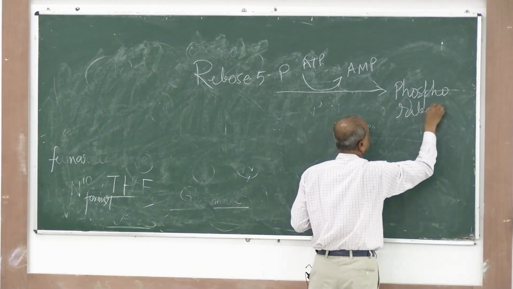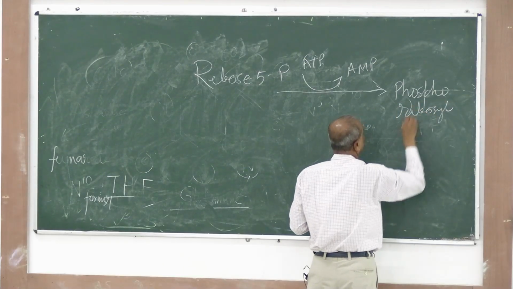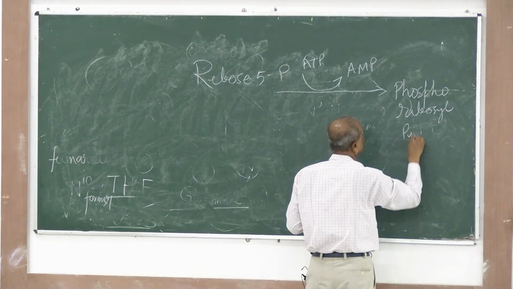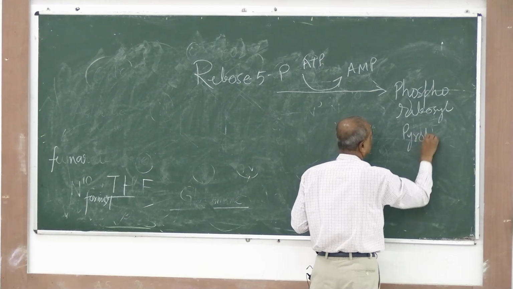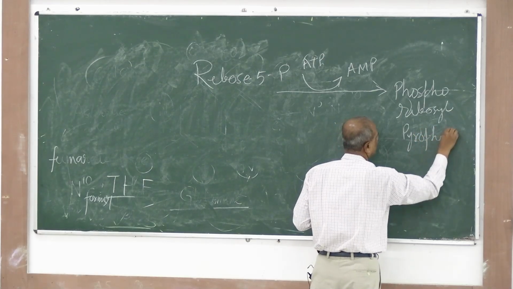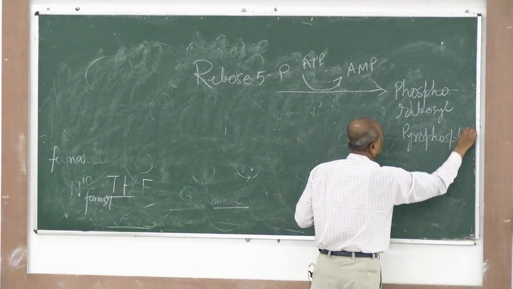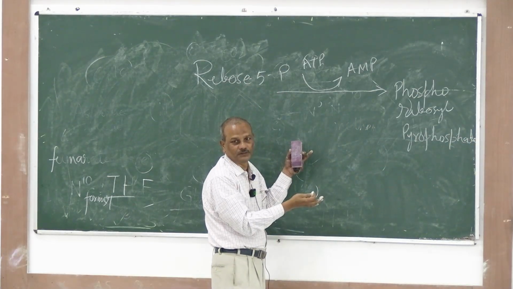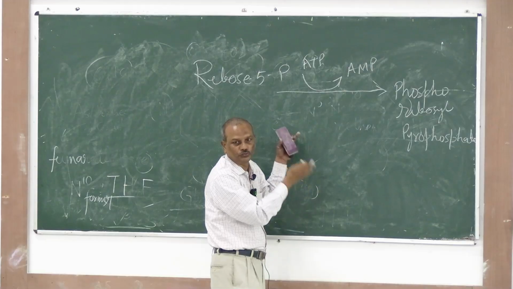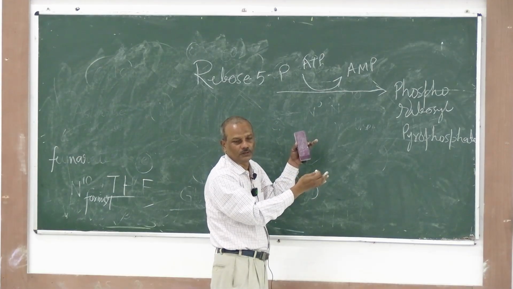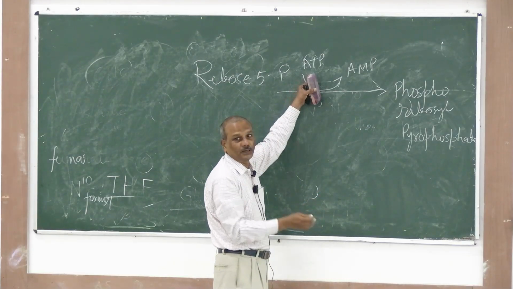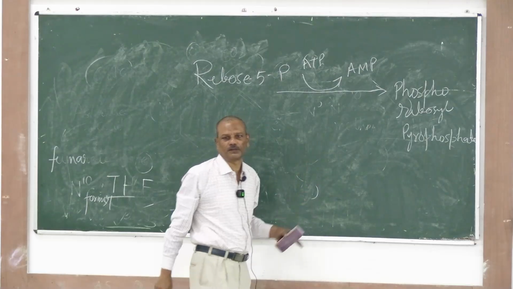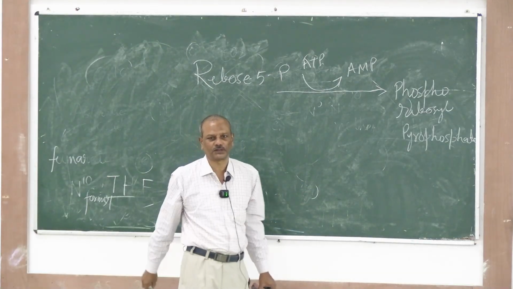That's why it is called phosphoribosyl pyrophosphate. Ribose 5-phosphate means phosphoribosyl. Pyrophosphate means 2 phosphate molecules are donated by the ATP. Since 2 phosphates are going, that means 2 high energy compounds are gone.